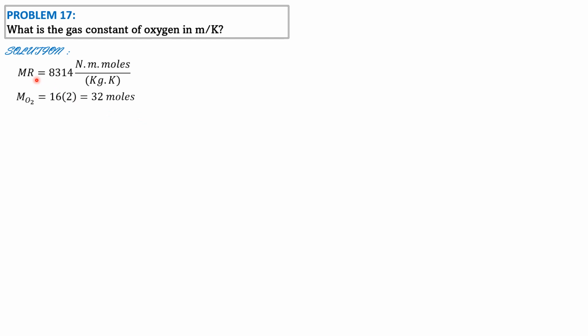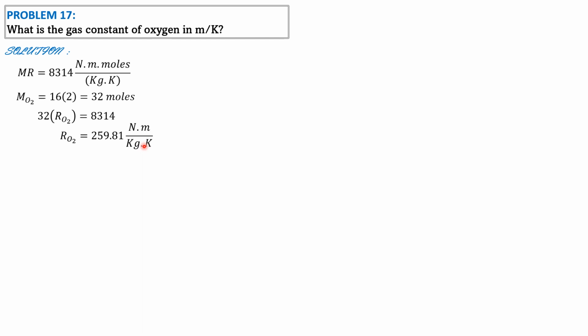Then the gas constant of oxygen can now be computed. 32 times the gas constant of oxygen equals 8314. So the gas constant of oxygen in Newton meter per kilogram Kelvin is 259.81 Newton meter per kilogram Kelvin. So that the unit becomes meter per Kelvin, we change kilogram here to newtons so that we can cancel newtons.